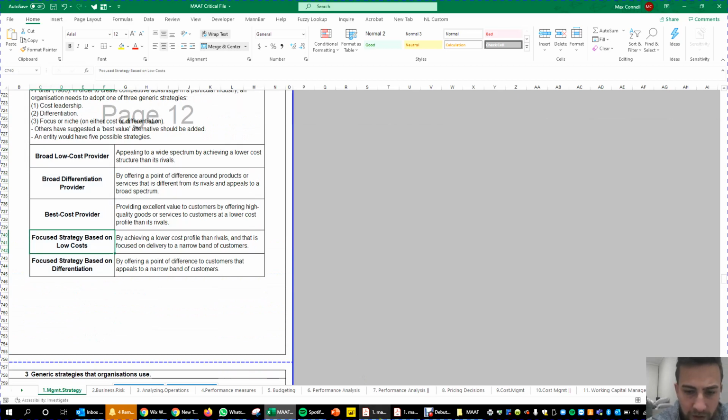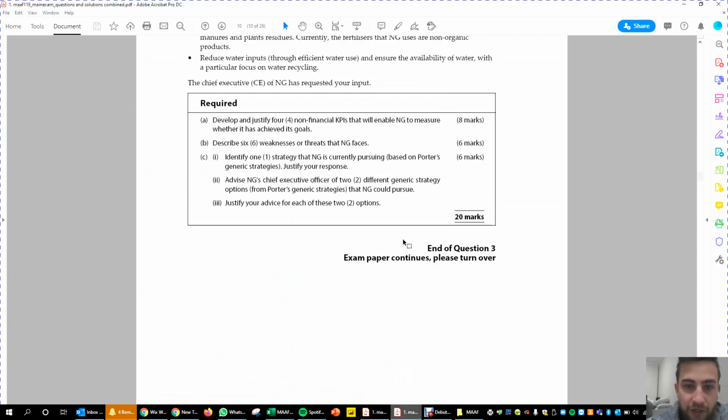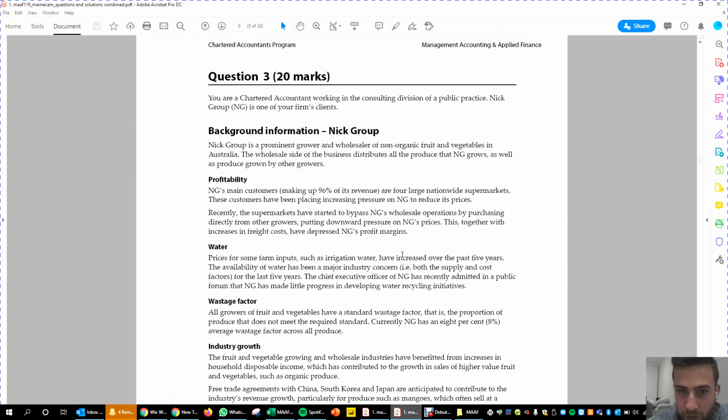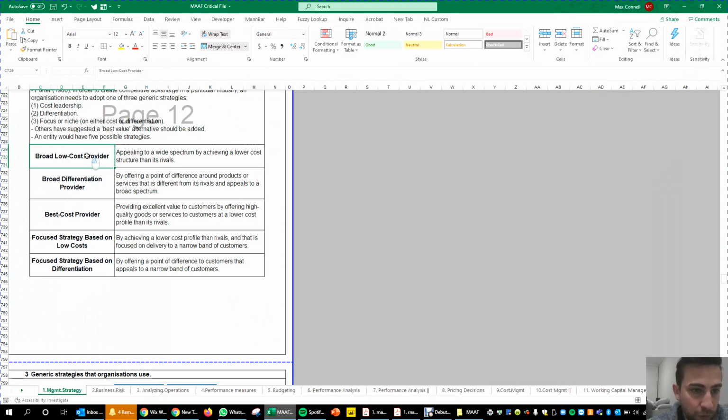So if you think about the company in the question, NG, they're trying to get as many sales as possible, and they're competing with a lot of other groups on cost. So they're definitely not a niche market. They're going to be a broad provider, either a broad low cost provider or a best cost provider. The most applicable one is probably broad low cost provider, because they're selling to a wide spectrum by achieving a lower cost structure than their rivals.